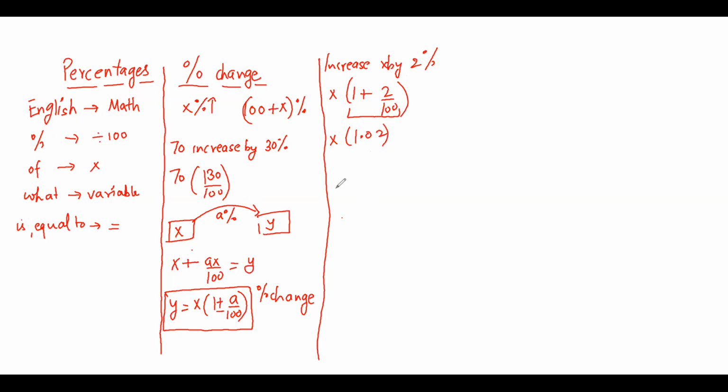So if you increase x by 2%, x gets multiplied by 1.02. This is the multiplying factor, or whatever you want to call it. If you increase x by 3%, then x gets multiplied by 1.03. If you increase x by 50%, then x gets multiplied by 1.5. If you decrease x by 2%, then it becomes x into 0.98.